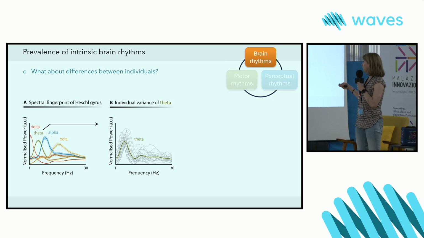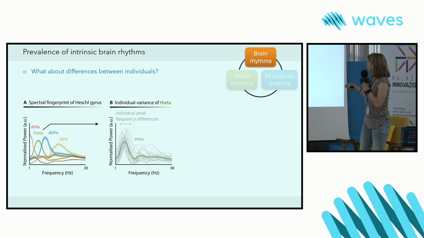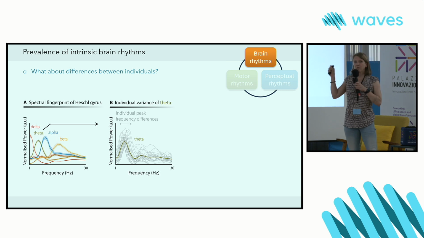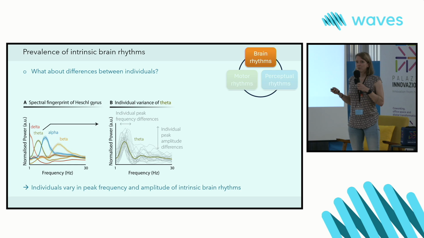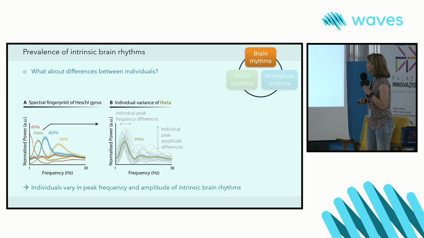And we can see all the gray lines here. For individuals, there are differences in the peak frequency, but also differences in the peak amplitude. So we can say that individuals do vary in their peak frequency and amplitude in these frequencies.